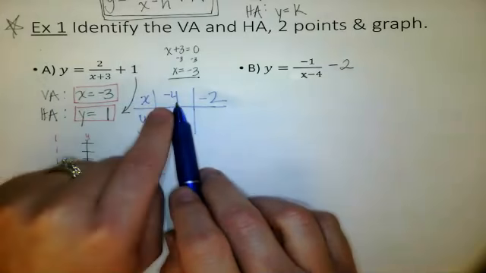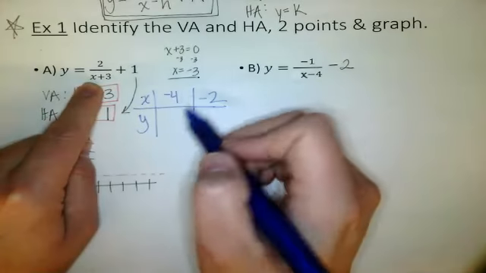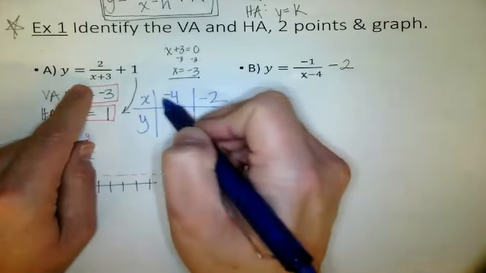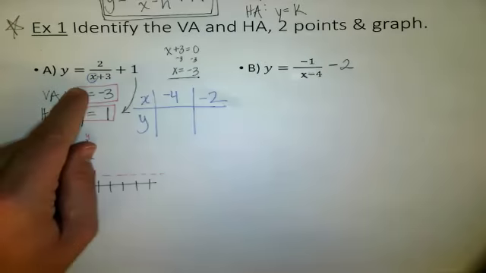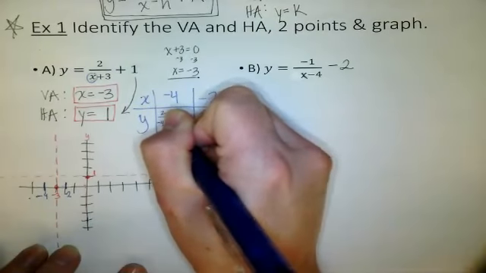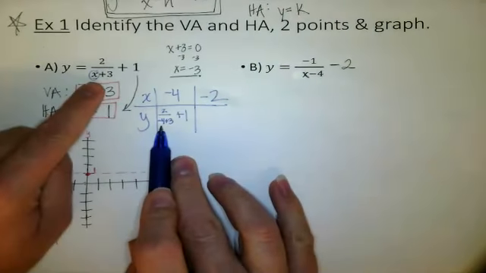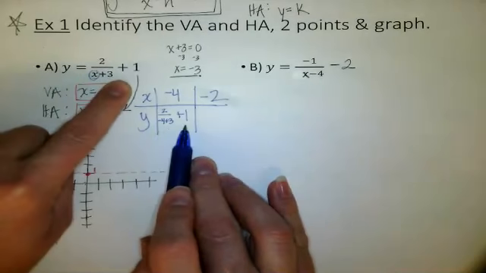Now what I'm going to do is take this X value and plug it into my function so I can figure out the corresponding Y. So I'm going to take this -4 and plug it in place of the X there. So we have 2 over, and you should write all this down, -4 plus 3 plus 1. You see what I did? I just replaced my X value with -4, but everything else is the same.